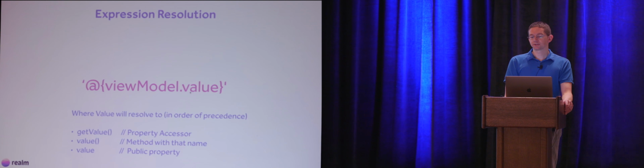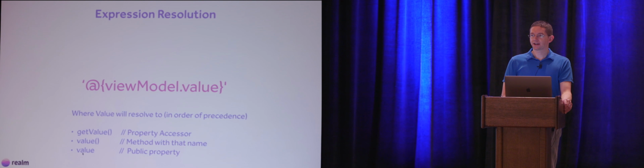The way that expressions evaluate properties, so if you read this and it's setting, let's say, a value to a text field, this is viewModel.value, but value is looked at as a property. And how the data binding framework goes about resolving this is it'll first look at getValue to see if you've made a real Java property with the method getValue here. If it can't find that, it'll go down and find value, open, close, paren.